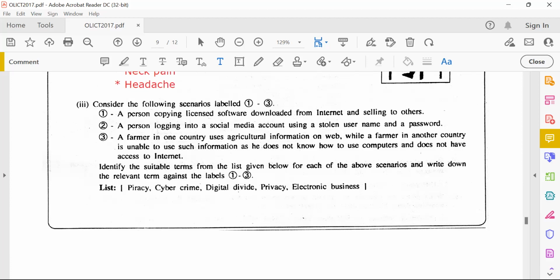Identify suitable terms for these 1, 2, 3. Person copying licensed software, downloading from the internet and selling to others. A person logging into a social media account using a stolen username and password.